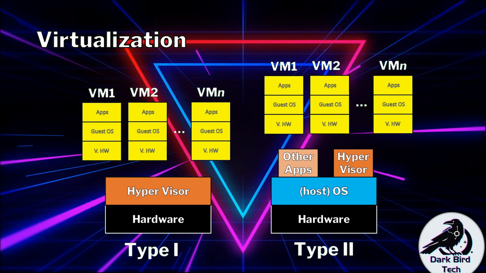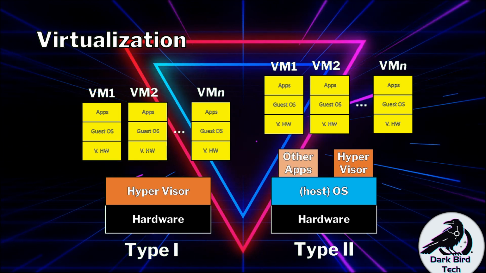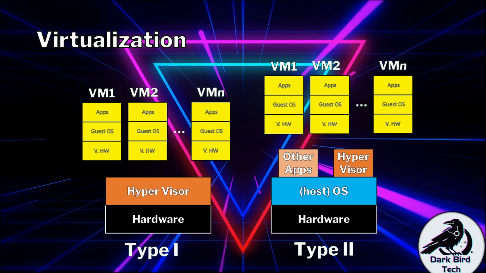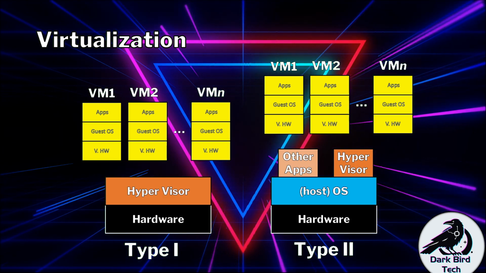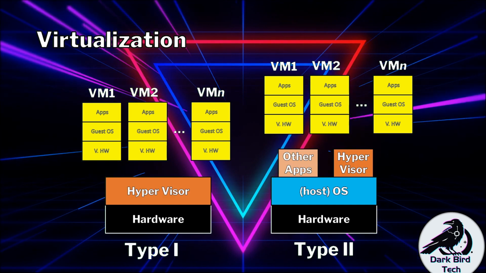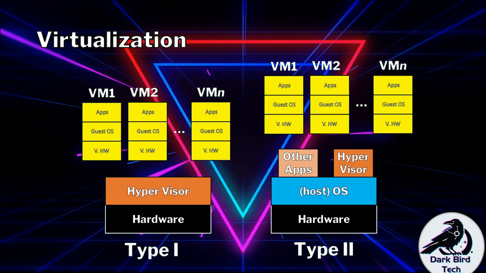Whereas your type 1 hypervisors are going to be a lot more reliable, as they're only doing one thing and one thing alone, running VMs. Now, it's not to say they wouldn't have their own bugs and vulnerabilities, but they're going to have far fewer of them, which is obviously good for us.